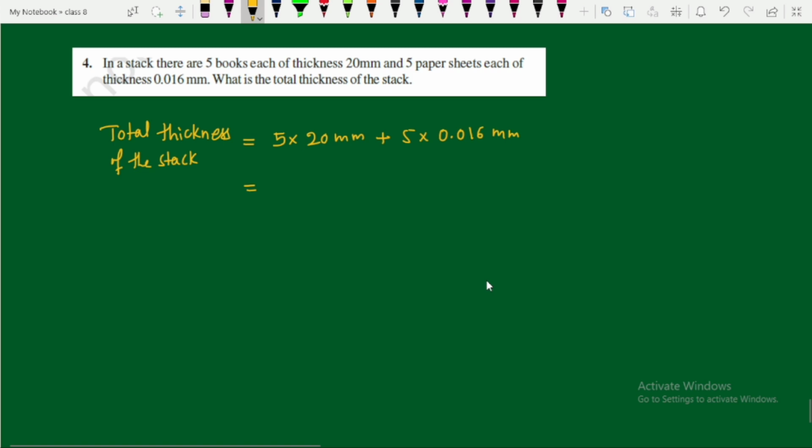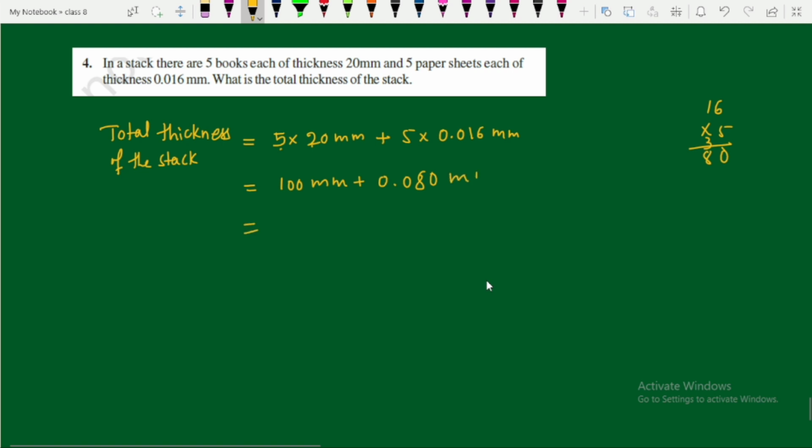How can we add? 5 into 20 is 100 millimeter. Now multiply 5 into 0.016. 16 fives are 80, so with 3 decimal places it is 0.080 millimeter.